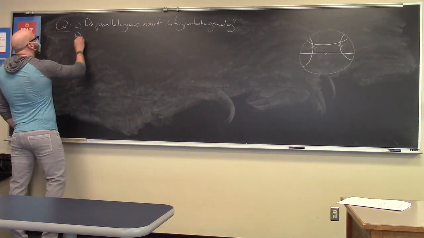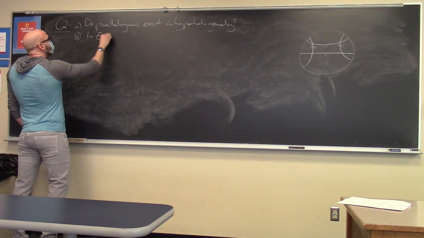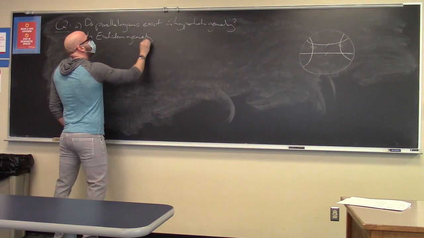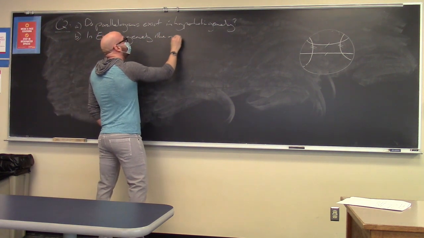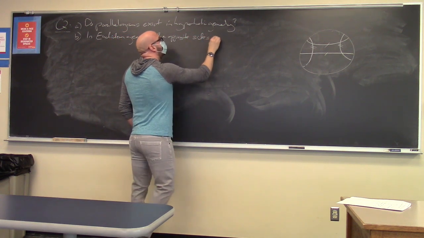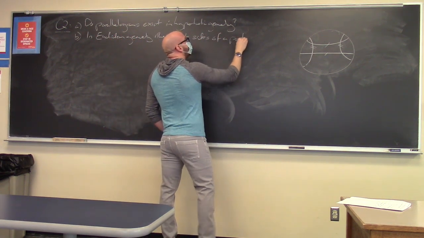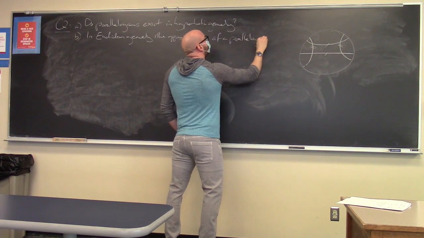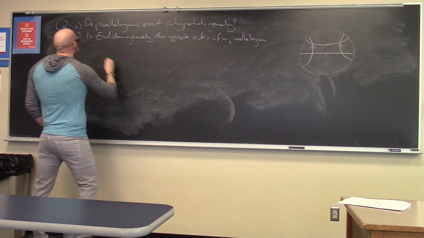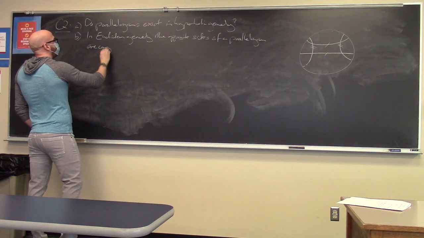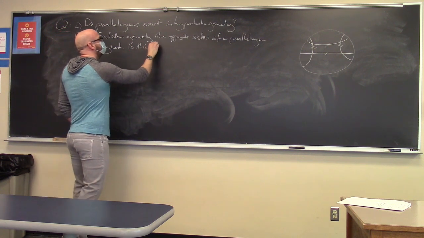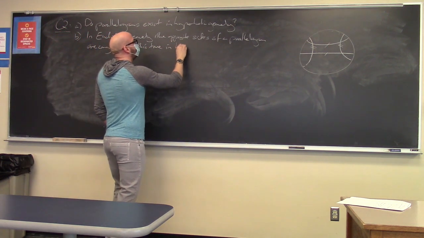So part B: in Euclidean geometry, the opposite sides of a parallelogram are congruent. So, is this true in hyperbolic geometry?